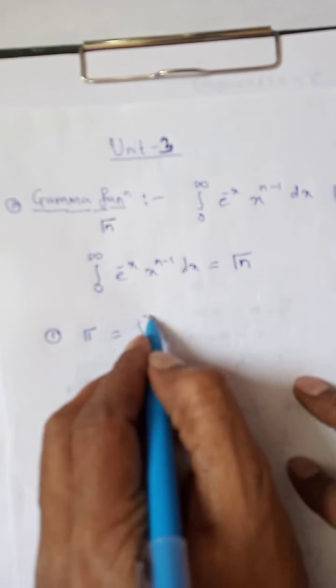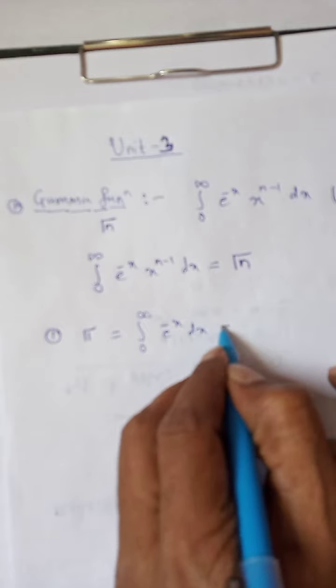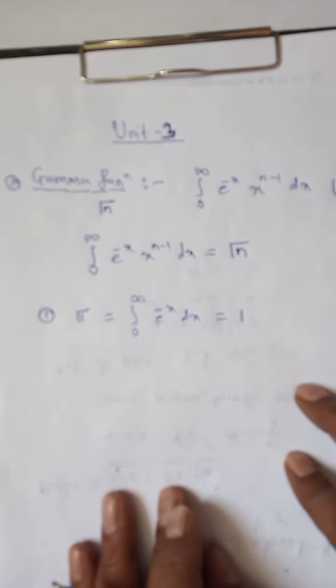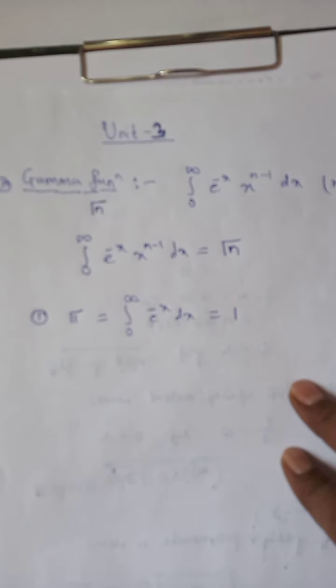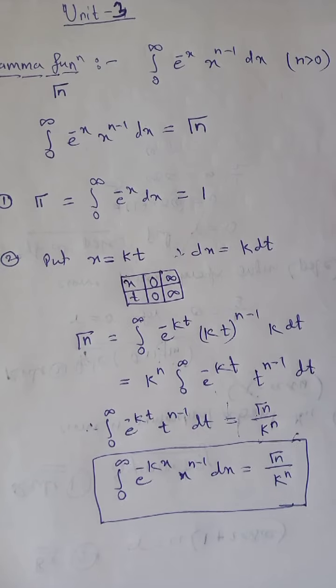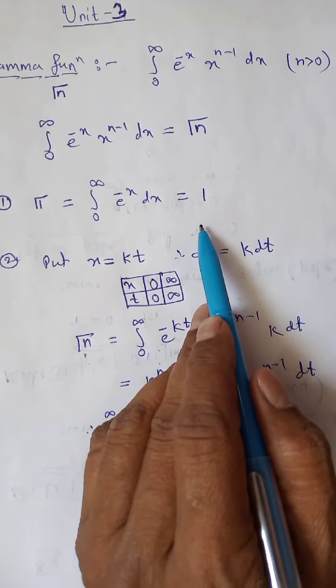So we'll get integration from 0 to infinity e to the power minus x dx, and if we solve this integration we'll get value 1. So first property, gamma 1 is equals to 1.